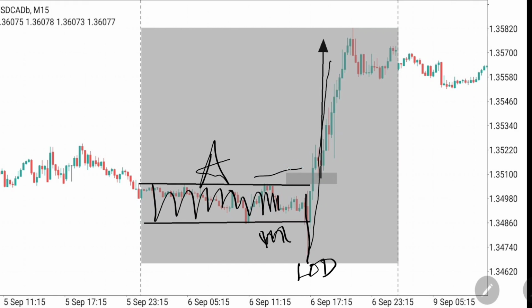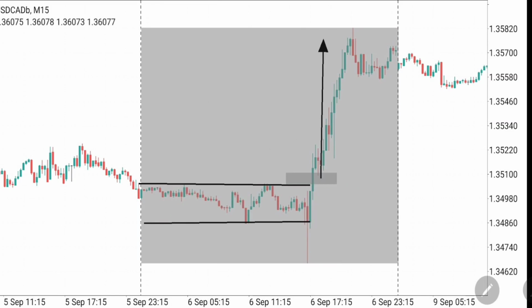This break of structure happens right there, or shift in market structure, and this here is an FVG. The market actually used the FVG as a springboard to now buy up. There was a break of structure and a return to the fair value gap right there before the buy. You can see clearly right now.